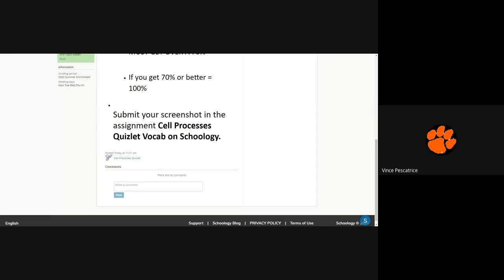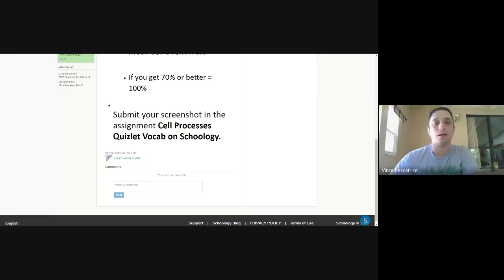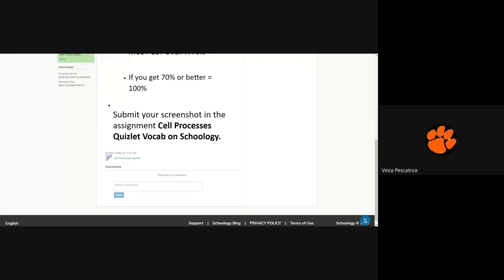Here's your quiz. This is practice for tomorrow, because don't forget, tomorrow we're going to be having an assessment based on what we've done this week. It's a short, I think probably 10 question assessment covering vocab and some of the warm-ups we've done as well.